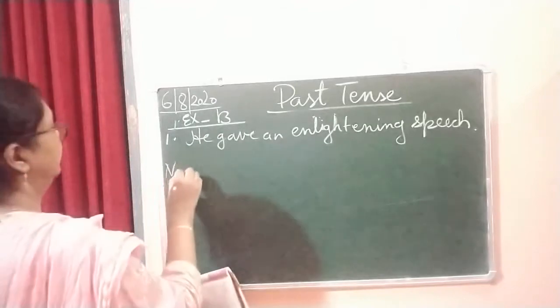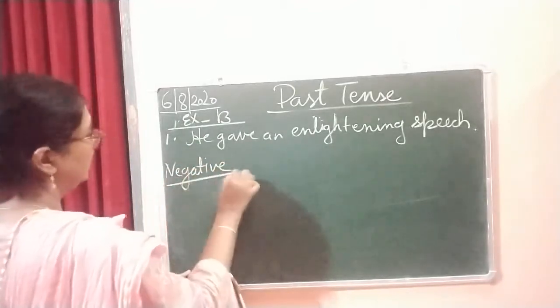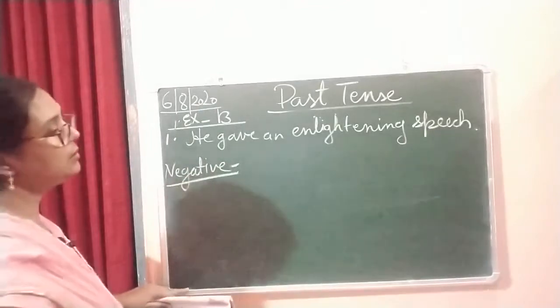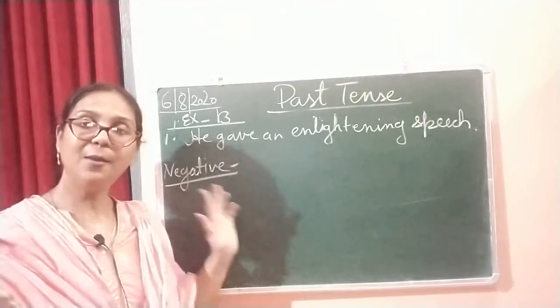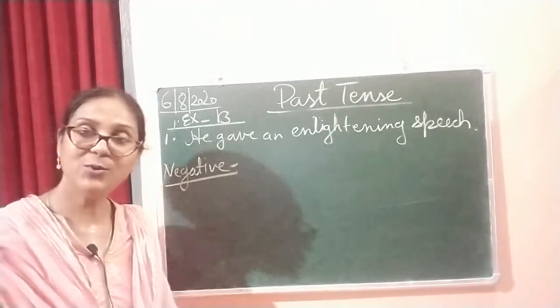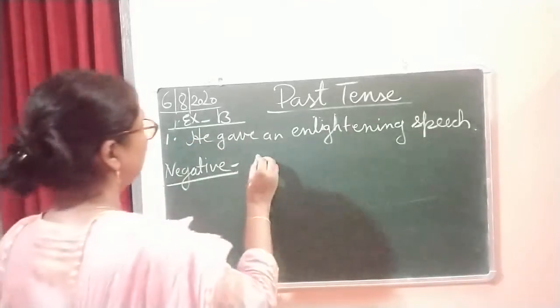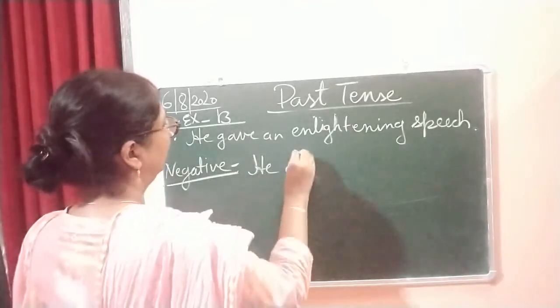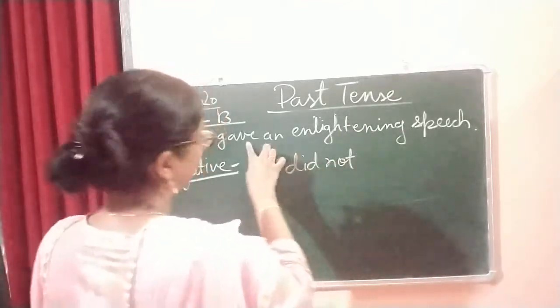All of you start writing what we have learned. We have learned to make negative sentences in past tense. How are we going to make it? We are going to use did over here. So he did not give.